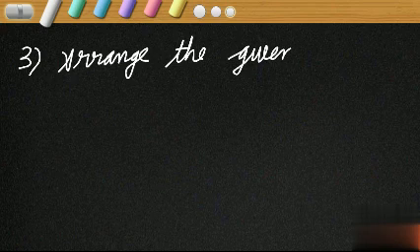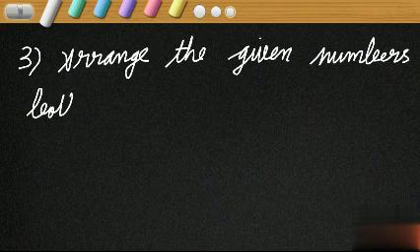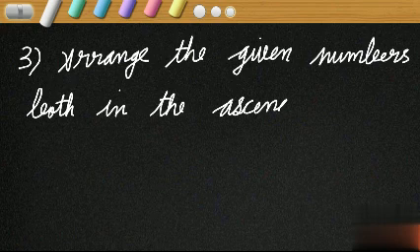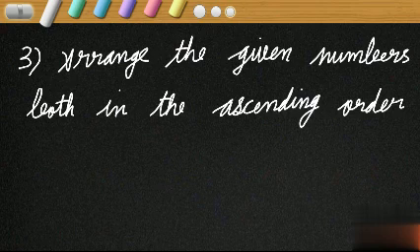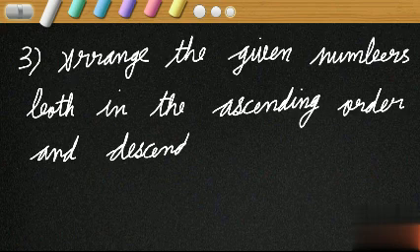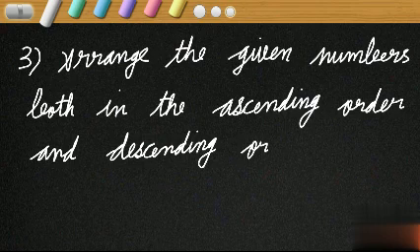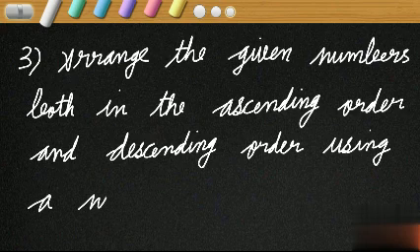Please write down the question. Arrange the given numbers both in ascending order and descending order using a number line.